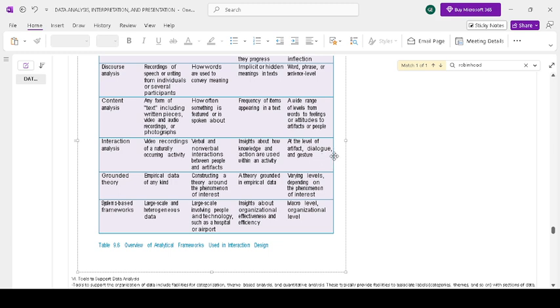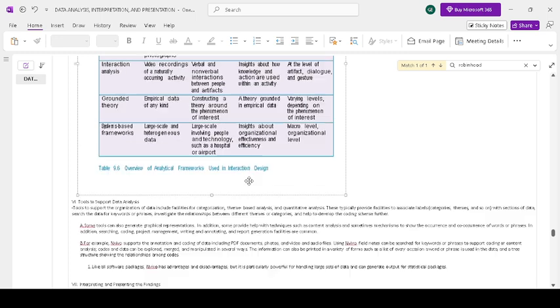At the level of artifact, dialogue, and gesture, it gives insights about how knowledge and action are used within an activity. So you're being more specific here because you're trying to get the activity, and it's easy to recognize. It's not that granular. Grounded theory uses empirical data of any kind.